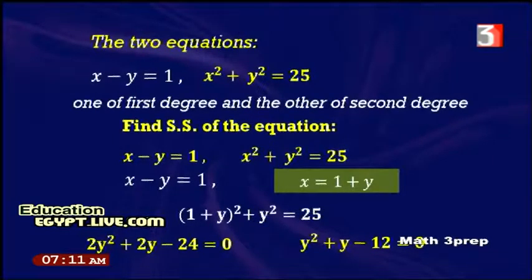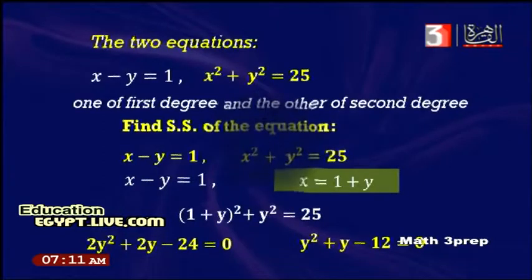The last term is with a negative sign, so one of the brackets is positive and the other negative. According to the sign of the middle term, the greater number will take the positive sign. So you are going to obtain two brackets as (y plus 4) and (y minus 3) equals 0.